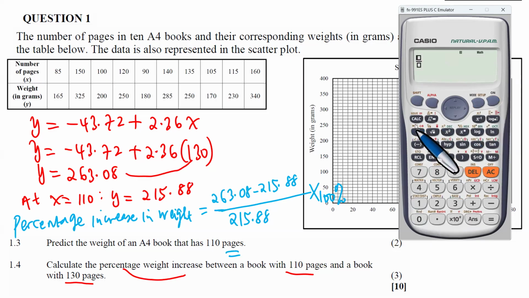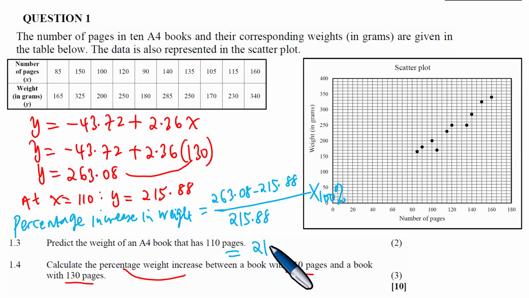We're going to have, for example, 263.08 minus 215.88, and then you multiply it by 100. The answer is 21.86%.